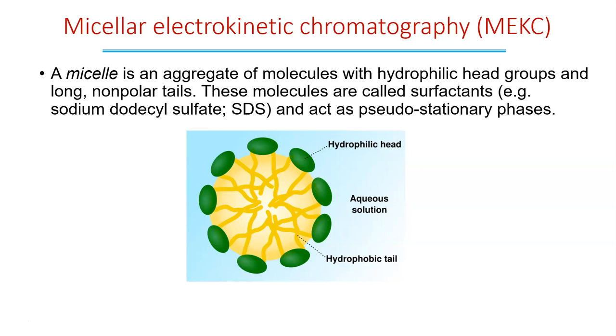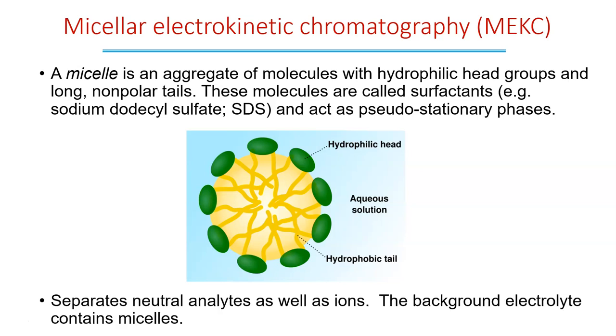One of the most popular surfactants to use is sodium dodecyl sulfate, abbreviated SDS. You've probably heard this before, not only in our class but in biochemistry, because this is the soap that's added to SDS-PAGE, a particular type of electrophoresis.